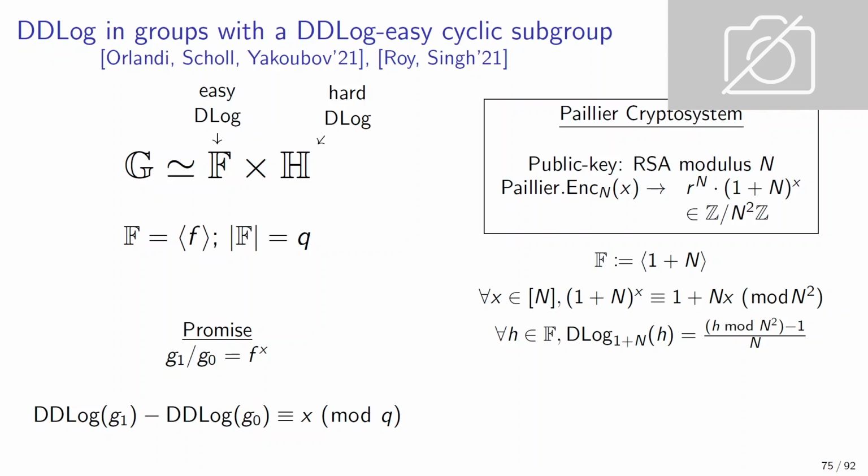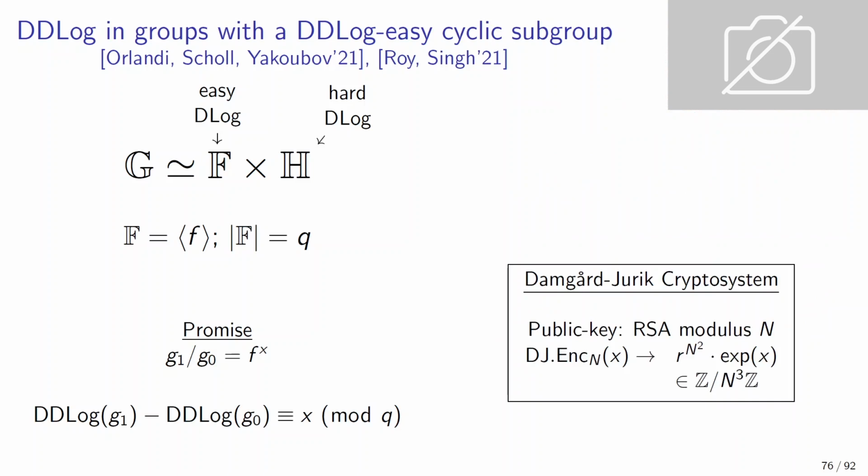Now there's a second type of DCR style subgroup that's interesting, a generalization to higher order, to larger groups. That's at the heart of the Damgard-Jurek cryptosystem.